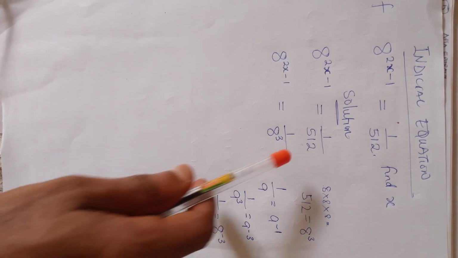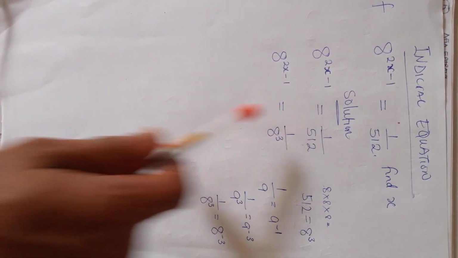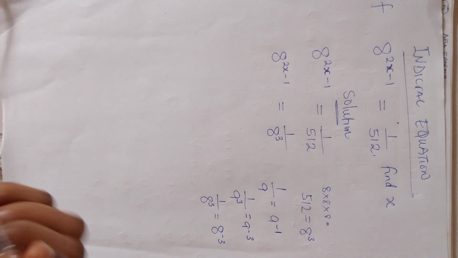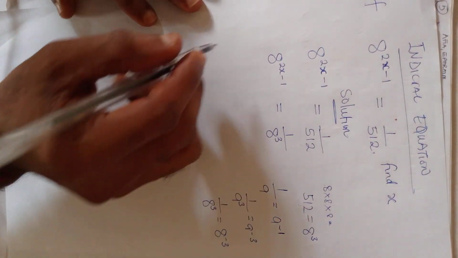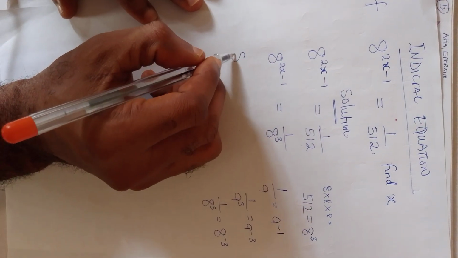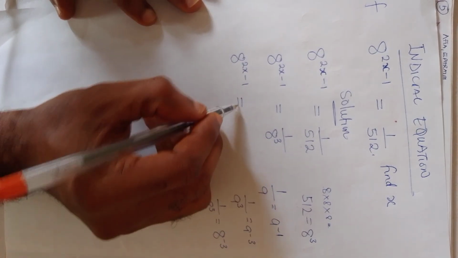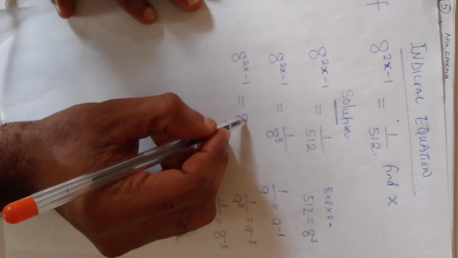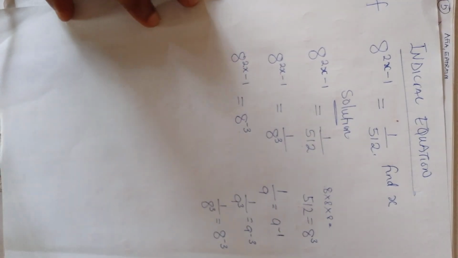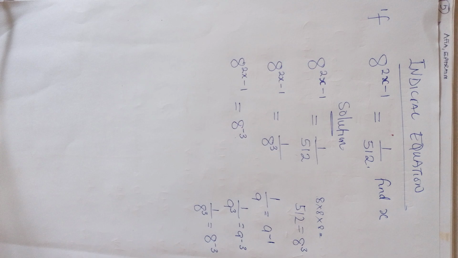So we are going to be replacing this in the right hand side of the equation. The left hand side is 8 raised to power 2x minus 1, and the right hand side will now be 8 raised to power minus 3.